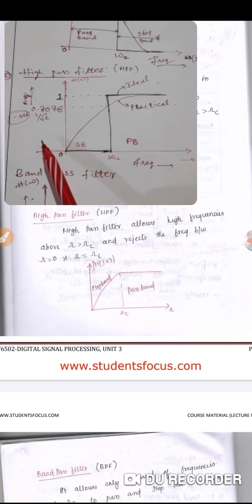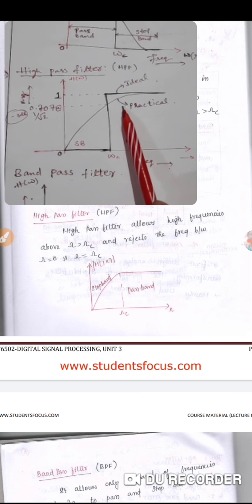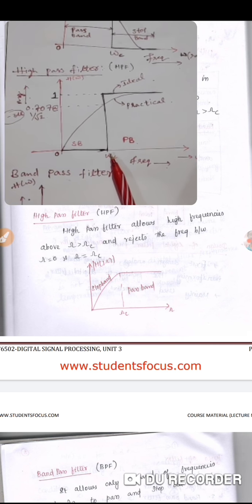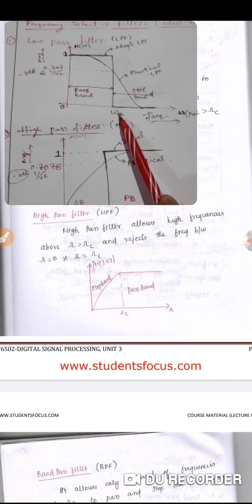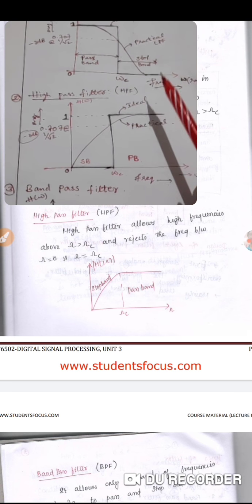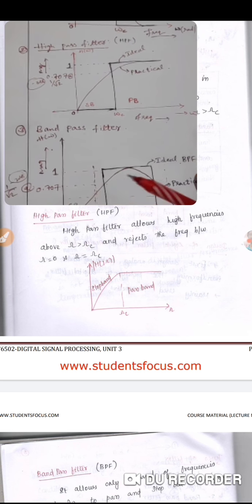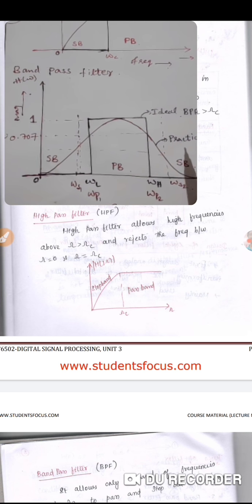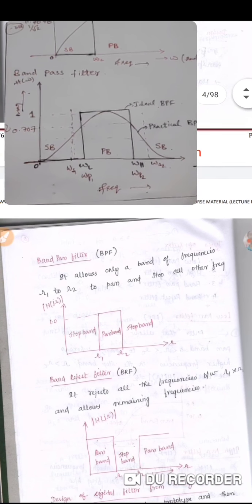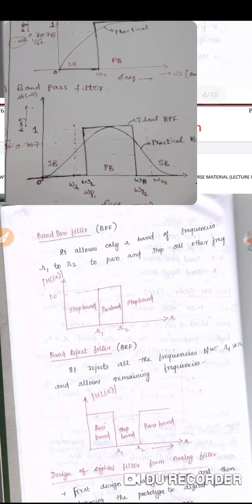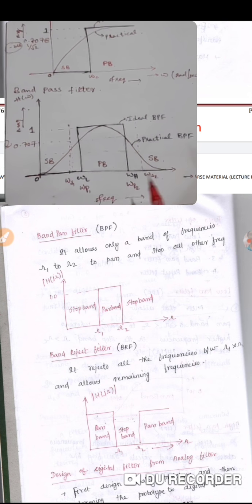As you can see here also, at 0.707 or 1 by root 2, we get the cutoff frequency. There will be only one cutoff frequency for the low pass filter and the high pass filter. Whereas in the band pass filter, it allows only a certain band of frequencies between omega 1 and omega 2.